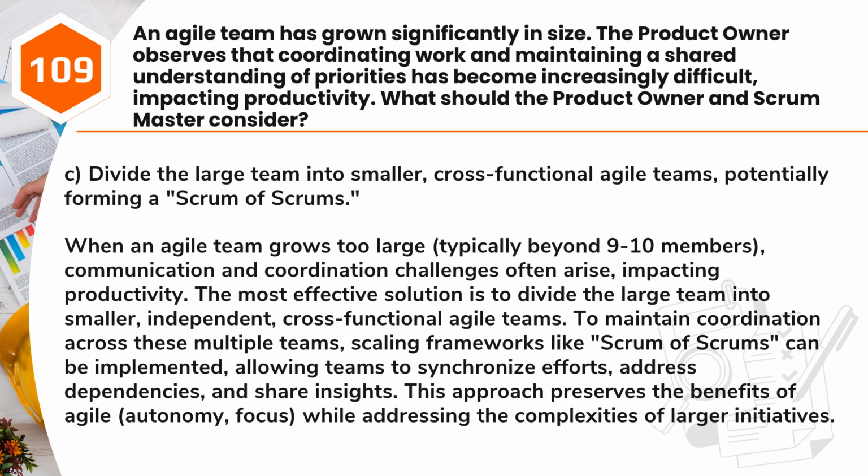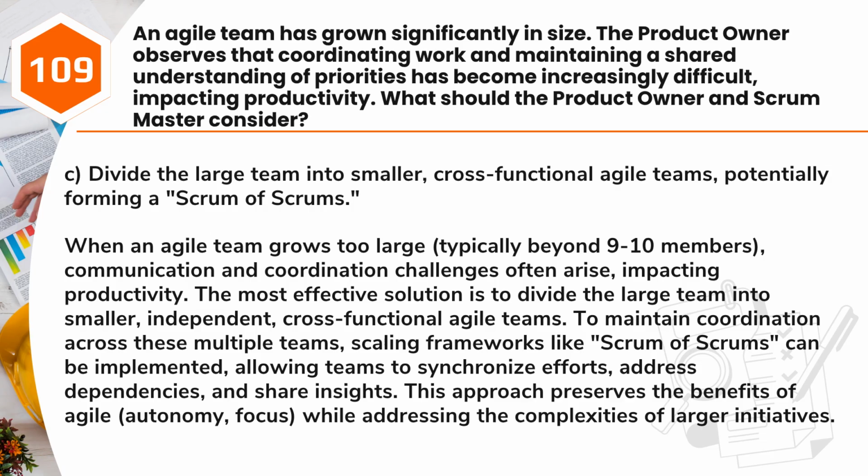Answer: C. Divide the large team into smaller, cross-functional Agile teams, potentially forming a Scrum of Scrums. When an Agile team grows too large, typically beyond 9 to 10 members, communication and coordination challenges often arise, impacting productivity. The most effective solution is to divide the large team into smaller, independent, cross-functional Agile teams.